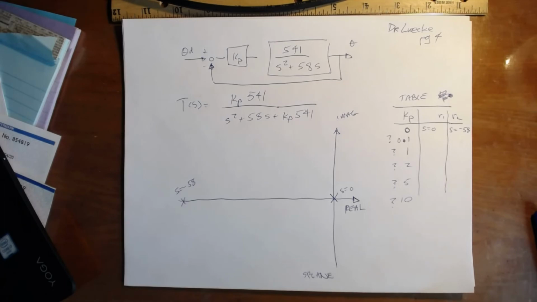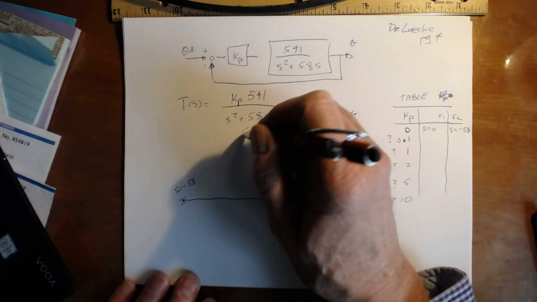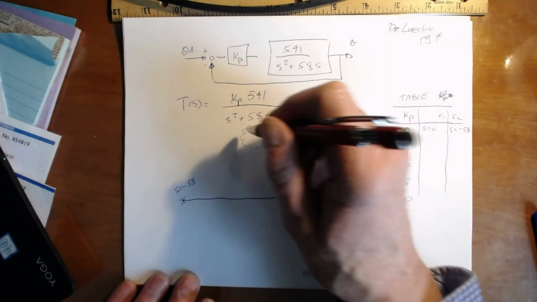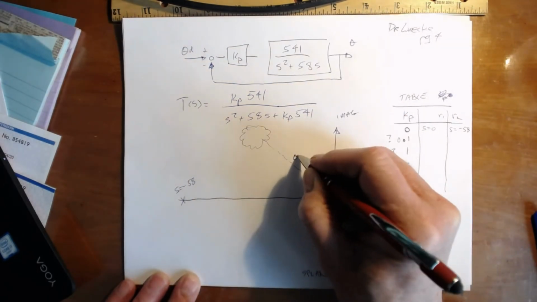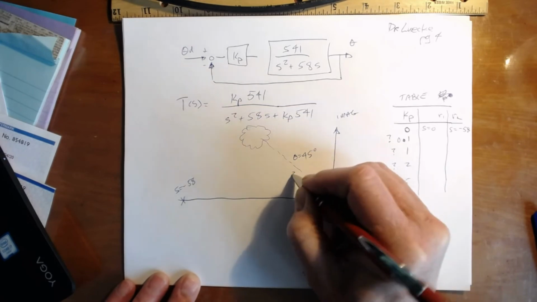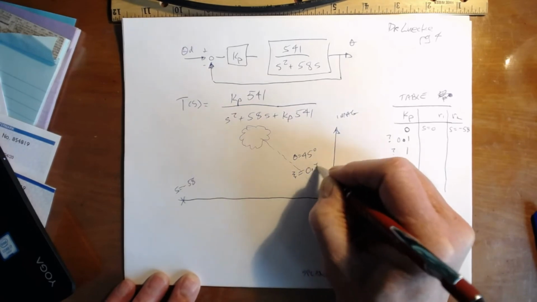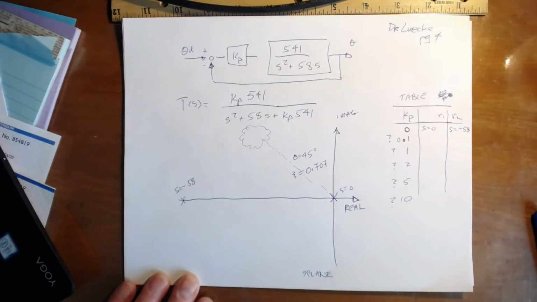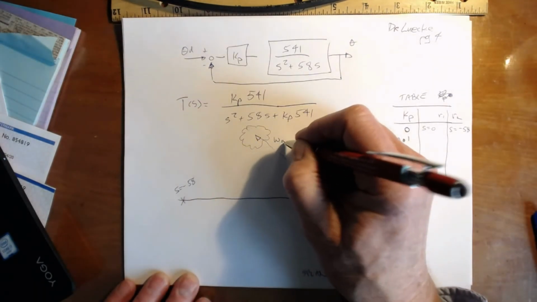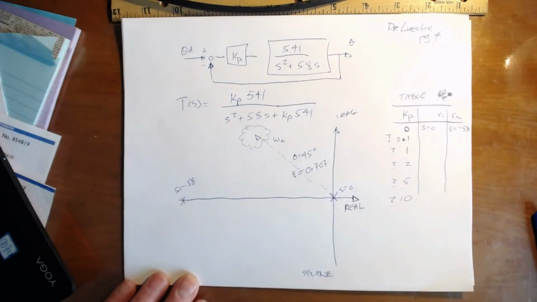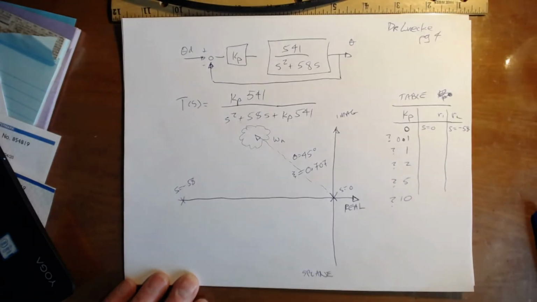I can tell you, if the response starts getting up into this region here, if this happens to be theta equals 45 degrees, that tells me that zeta is equal to 0.707, just a little bit of overshoot there. And this is omega n, the magnitude of that vector, right? So I know those sorts of things.